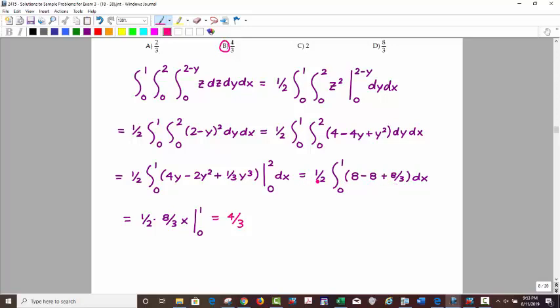I still have the 1/2 there. So 1/2 times 8/3, just 8/3 dx. The antiderivative of dx, of course, is just x, and from 0 to 1 that just makes a 1. So basically the answer is 1/2 times 8/3, which is 4/3.